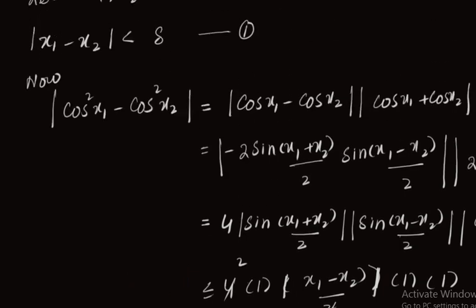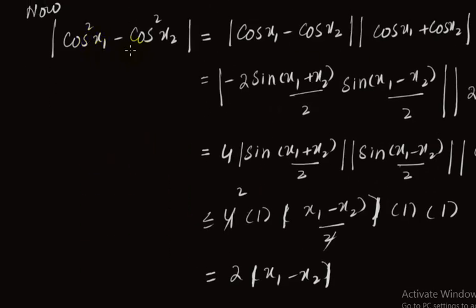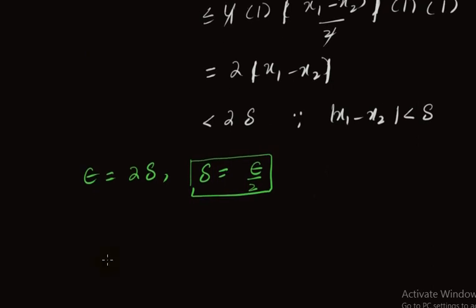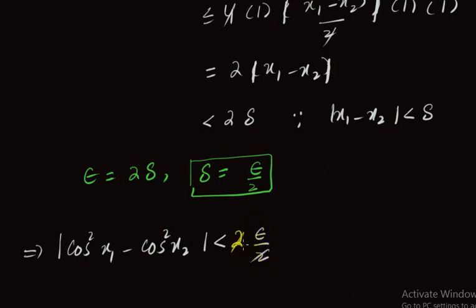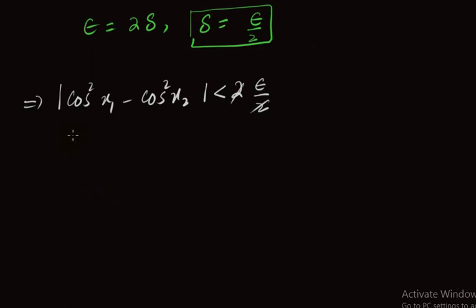On the left hand side we have the function cos square of x1 minus cos square of x2, which implies mod of cos square of x1 minus cos square of x2 is less than 2 times, as the value of delta is epsilon by 2. Here 2 cancels out, and we have mod of cos square x1 minus cos square x2 less than epsilon.